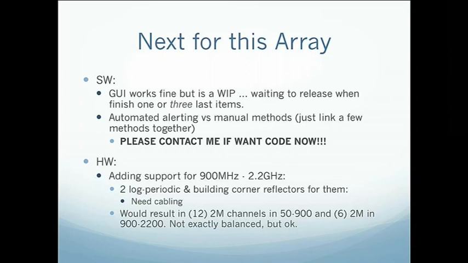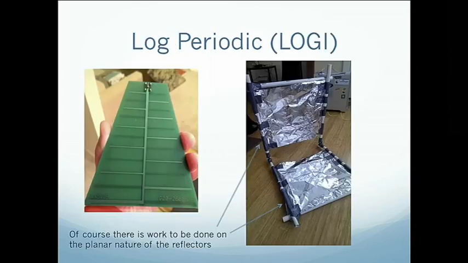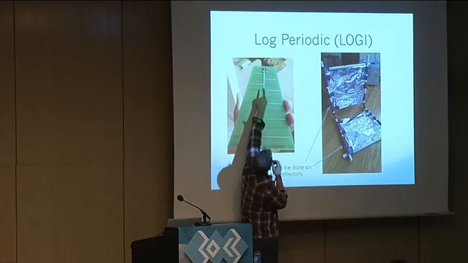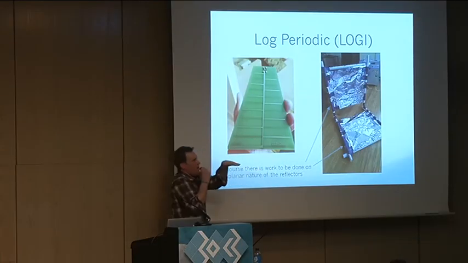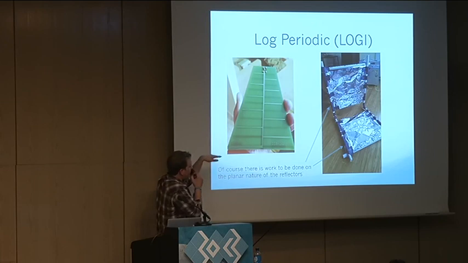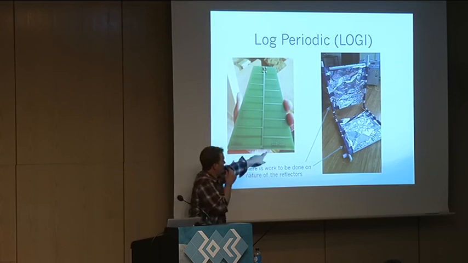Additionally to the array, I'm planning to add 2 more antennas. These are log periodic antennas that I'm hackfully building together. You can buy one for like $30 on eBay or from a lot of retailers. It can work fine on its own, and you point it in the direction you want it to go. It'll do 900 megahertz to 2.6 gigahertz, as you can clearly see here.